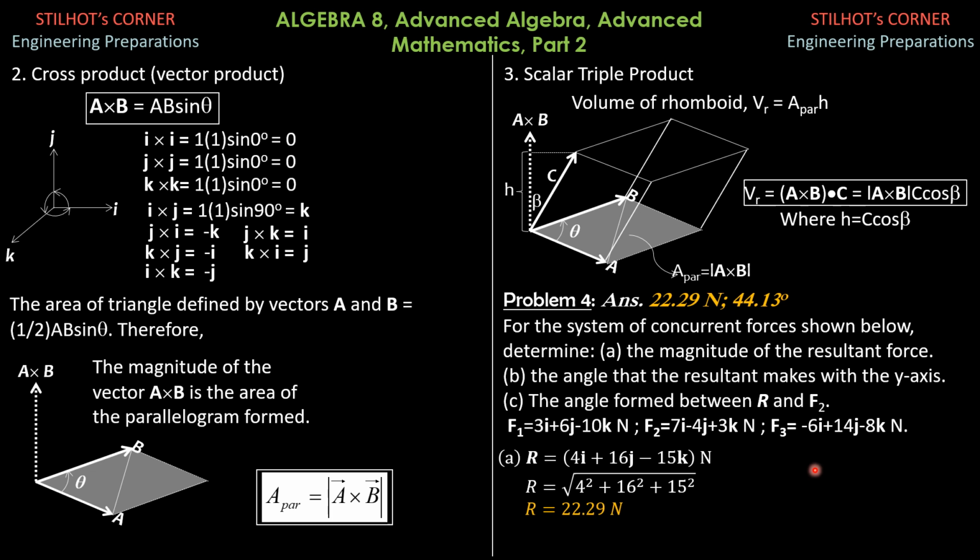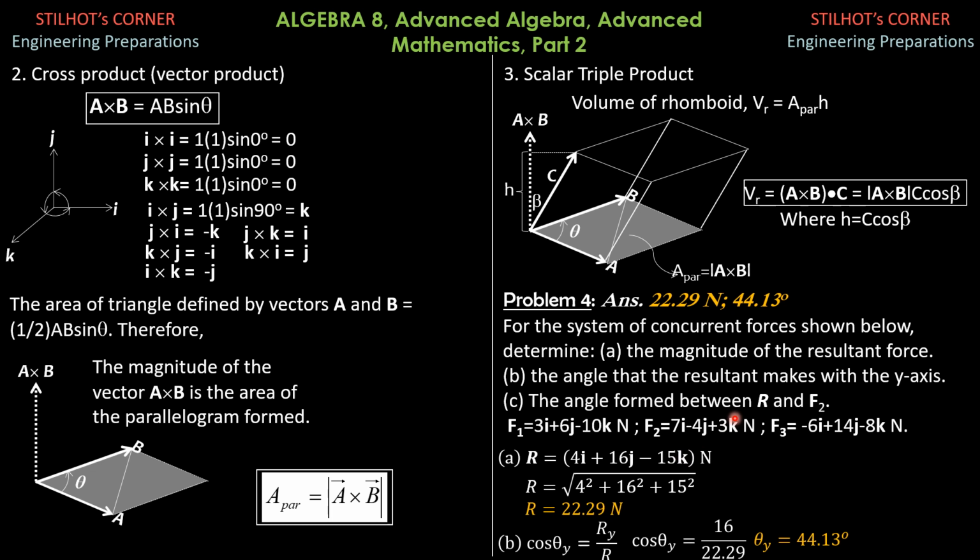So cosine theta y therefore is equal to Ry over R. You can also show that cosine theta x is Rx over R, and cosine theta z is Rz over R. So substituting, cosine theta y is Ry 16 over R 22.29, inverse cosine. So theta y is equal to 44.13 degrees.